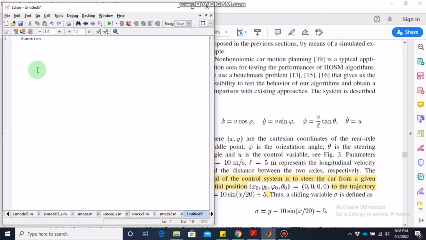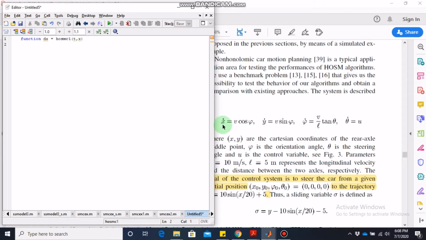We make a function dx equals, let's call it higher order sliding mode control 1, HOSMC1. Time and the state vector will be the input to this function.